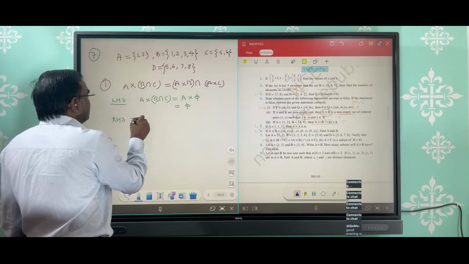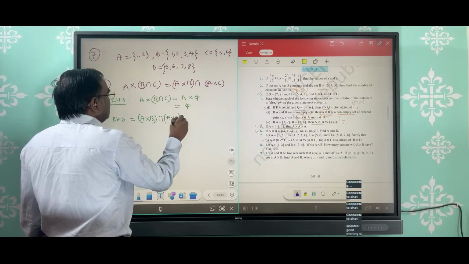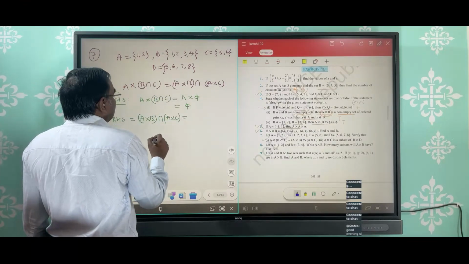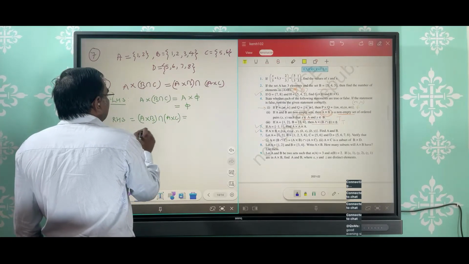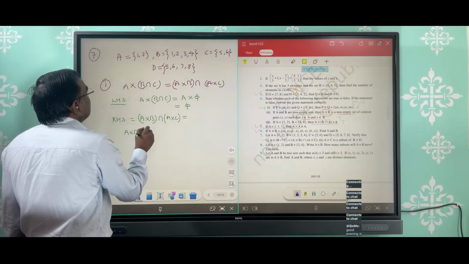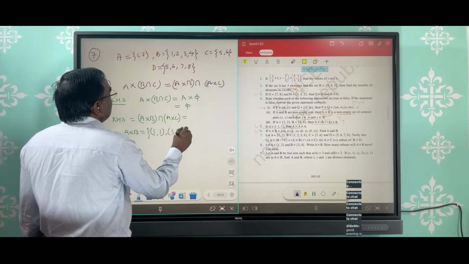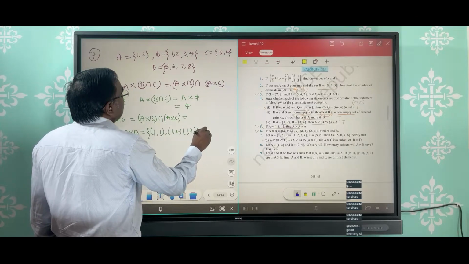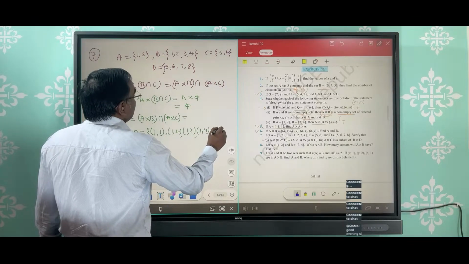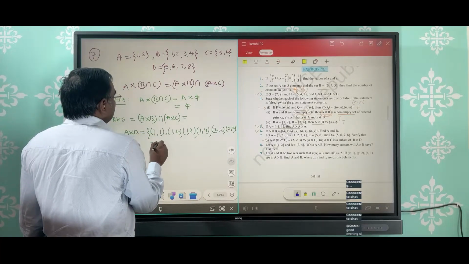Now RHS: (A cross B) intersection (A cross C). Let us find A cross B separately: (1,1), (1,2), (1,3), (1,4), (2,1), (2,2), (2,3), (2,4).